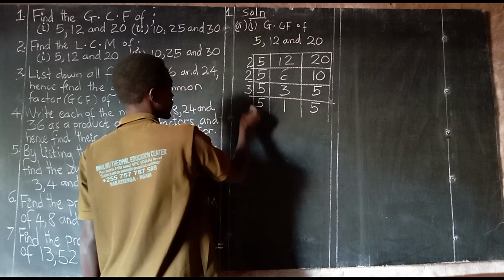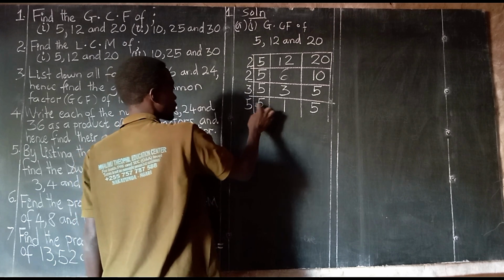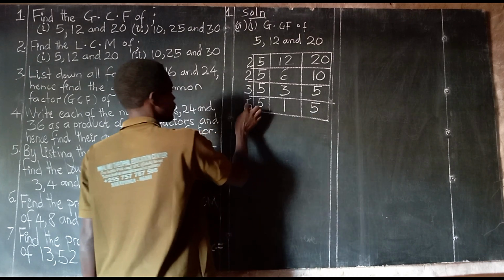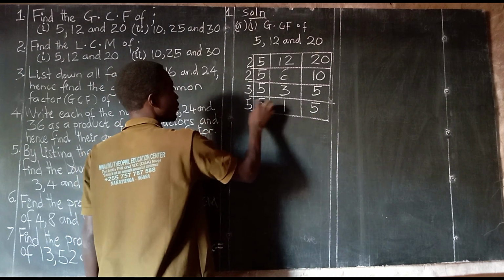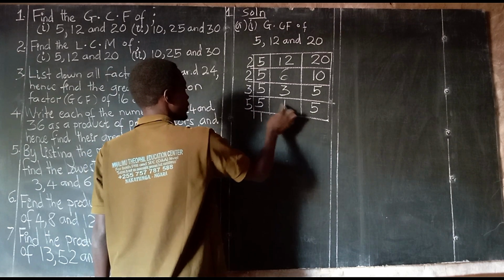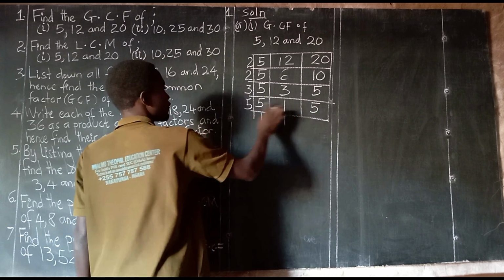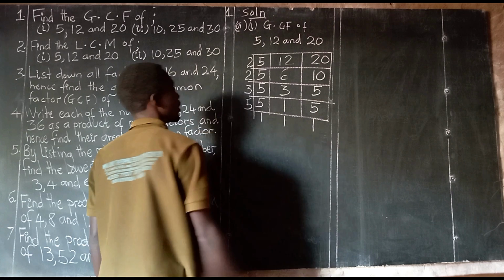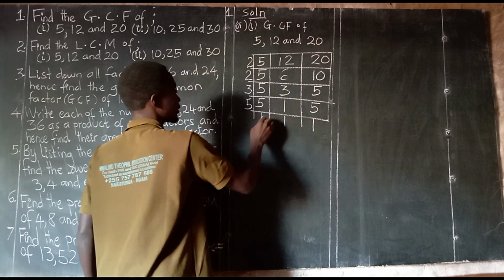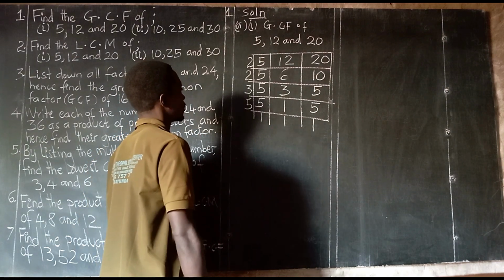By 5, yes, because we have 5 which is divisible by 5 completely. 5 over 5, we get 1. 1 over 5, we write 1, because if the number is not divisible completely, you write it as it is. 5 over 5, we get 1. When you get 1, 1, 1, it means that we have reached the end of our solution.